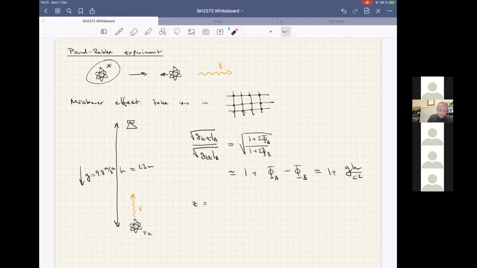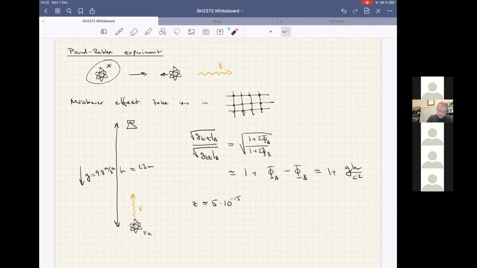What you get in the end is a z, which is somewhere around 5 times 10 to the minus 15. So that's the relative shift in the light frequency, essentially. So what you will do is that you will observe a redshift, so a smaller frequency up here than you had up here. And of course, you can also reverse this experiment.